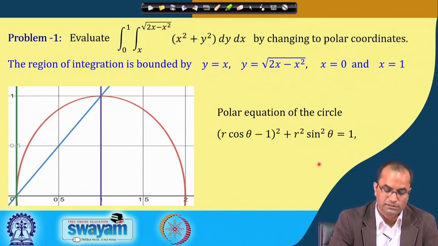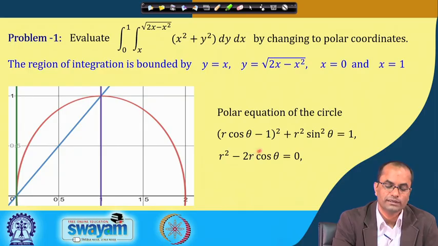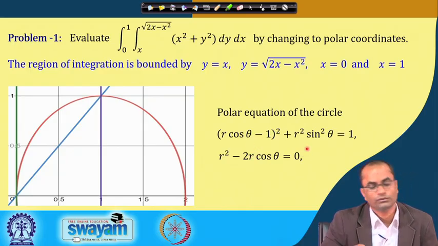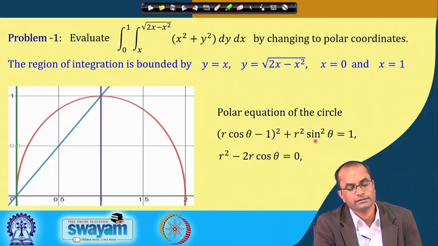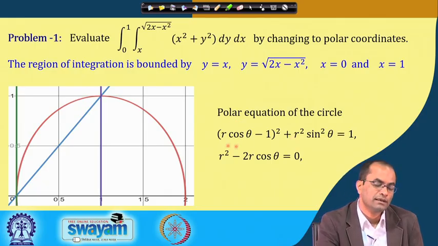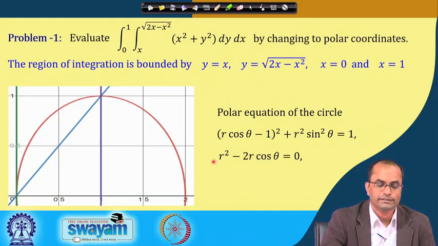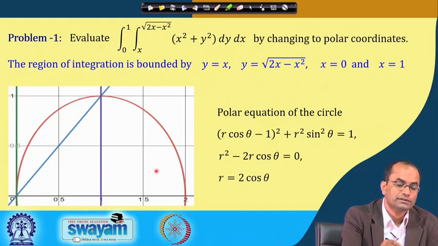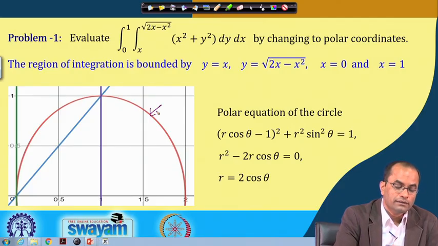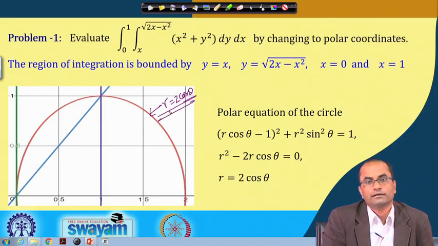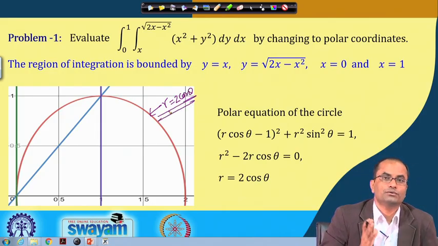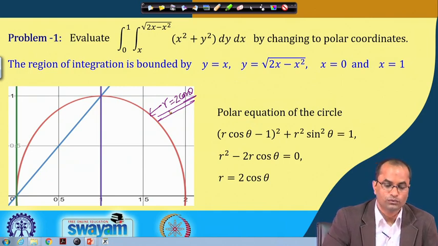If we simplify this, we will get r square minus 2r cos theta is equal to 0, because this 1 will get cancelled, and r square sin square theta and r square cos square theta will give us r square. So, from here we get r is equal to 2 cos theta. This circle is r is equal to 2 cos theta. So, the limits of r are also clear now: r is going from 0 to 2 cos theta.